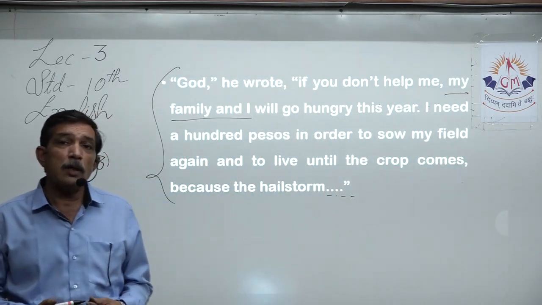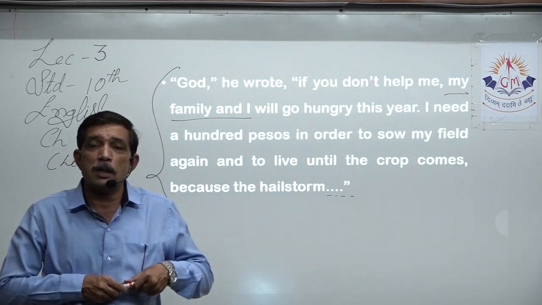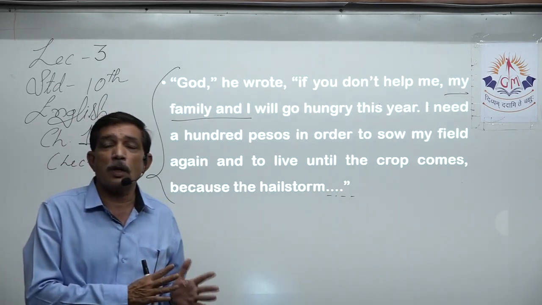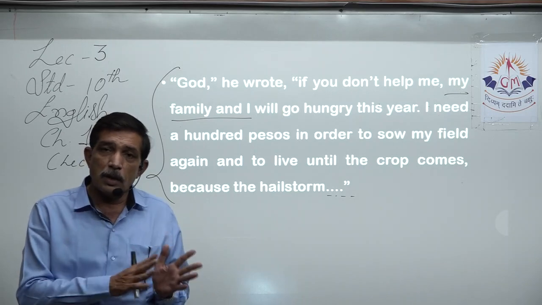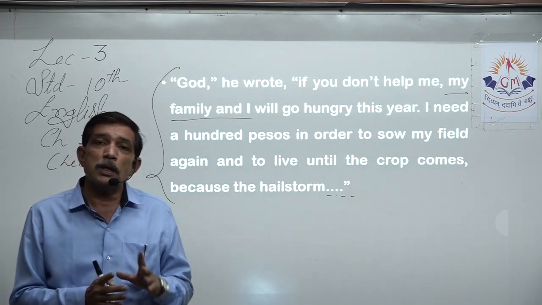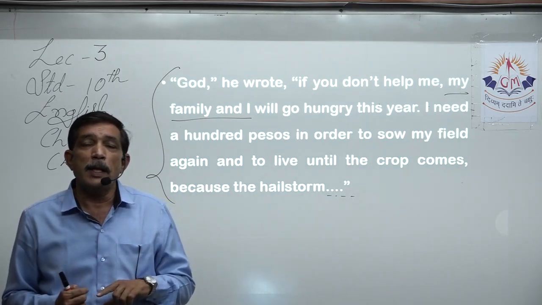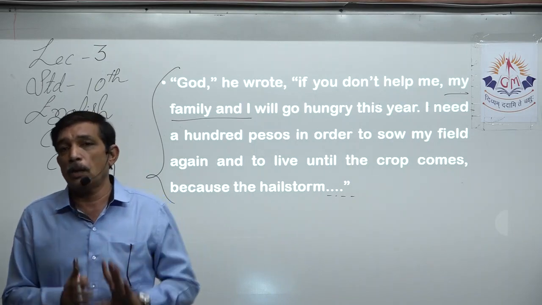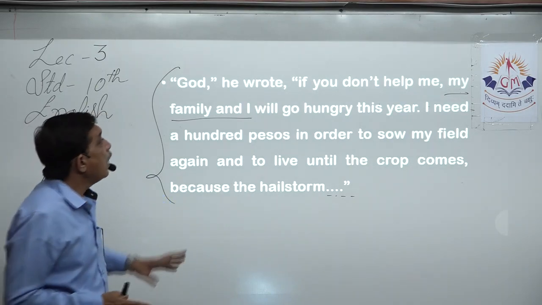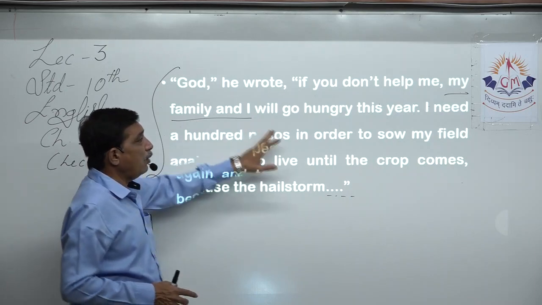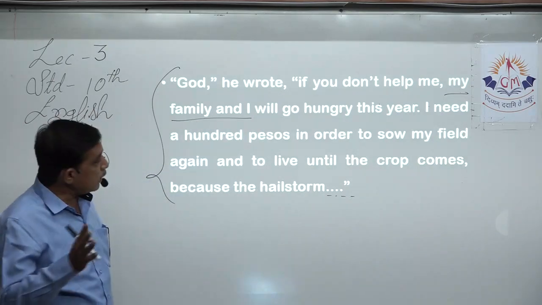Whenever we are included somewhere, we should keep ourselves afterwards, not in the front. Yes, brother and you were going. So it is not "I and my brother were going," it is "my brother and I were going." So my family and I will go hungry this year. This is the fact that he writes.